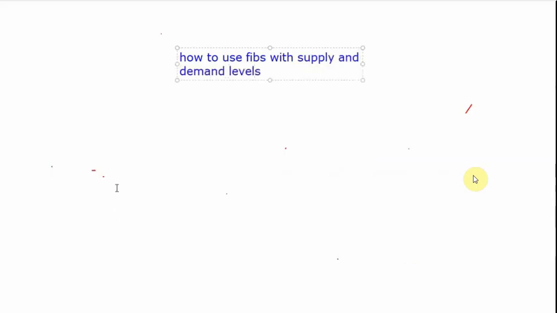Right, that's what we have. So this is how to use Fibonacci with supply and demand levels, right?